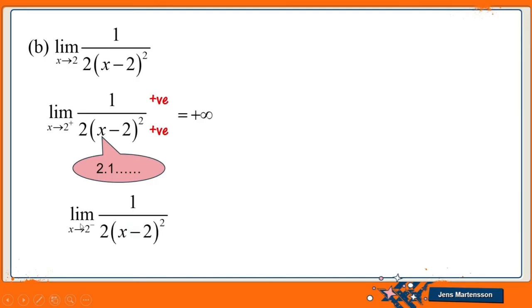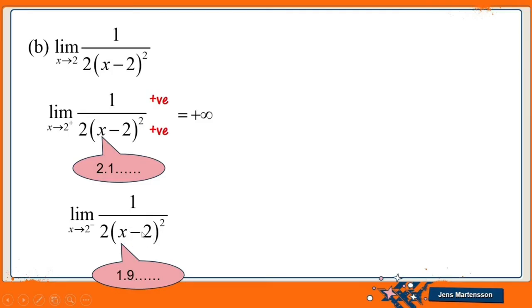Okay, for the limit of 1 over 2 times (x minus 2) squared when x approaches 2 from the left, we substitute a value that is very close to 2, such as 1.9. 1.9 minus 2 is negative 0.1.